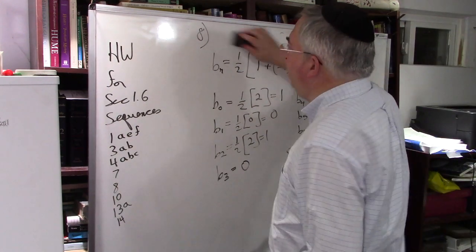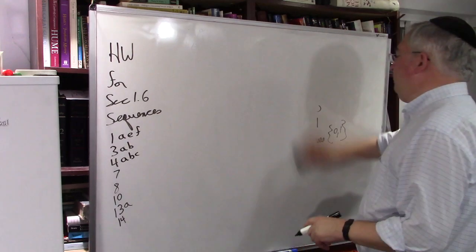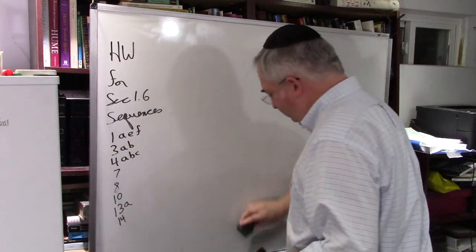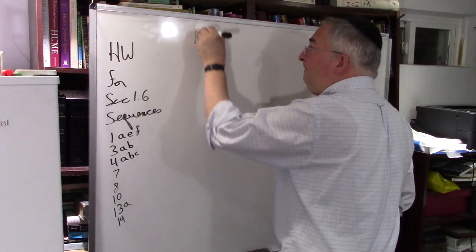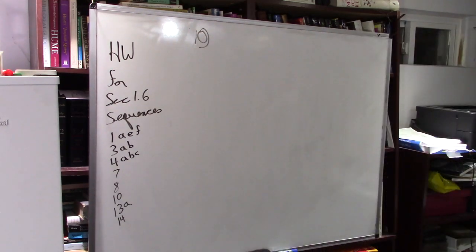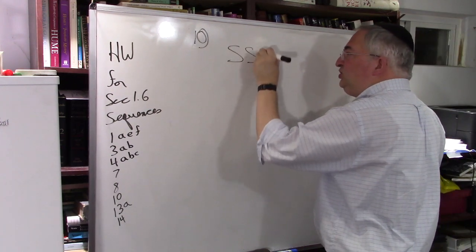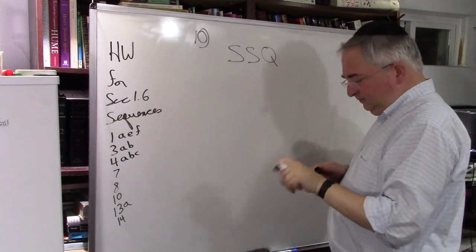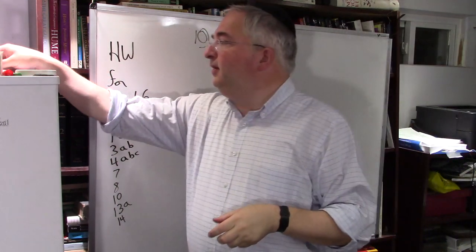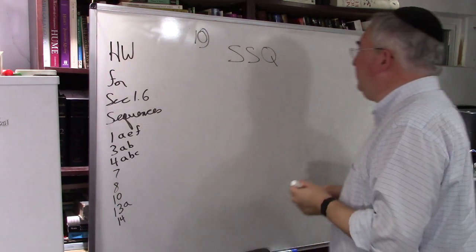We're up to number 10. For n equal to 1, 2, 3, let SSQ of n equal the sum from i equals 1 to n of i squared. Okay, we're running out of ink, so let's try this one.